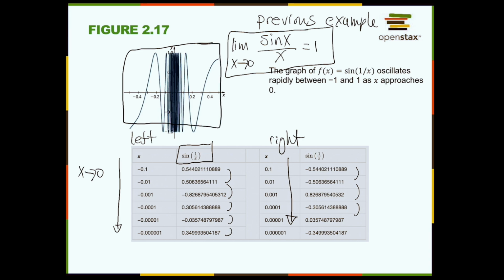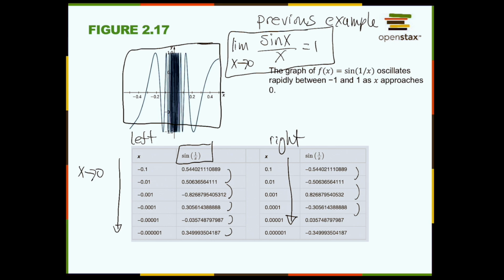And if you look at the graph of sine of 1 over x that I just boxed in here, as you're coming in from the left and the right, the graph is oscillating between -1 and 1. As you get closer and closer to 0, that never stops.